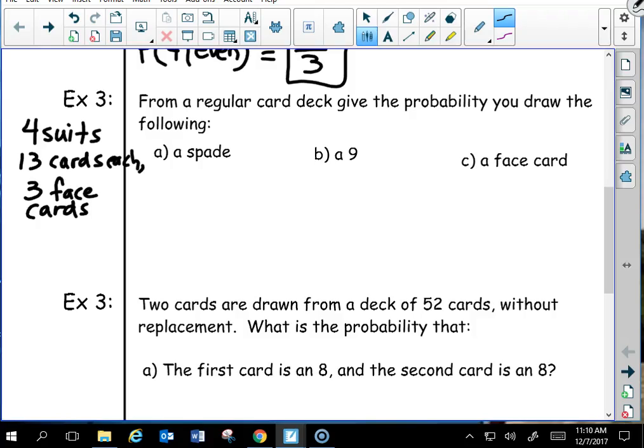Okay, so the probability of drawing a spade. Well, look, a spade is 1/4 of the deck. You could look at it as 13 divided by 52, but that's just 1/4. So there's 13 spades out of the 52 cards. Oh, by the way, there are 52 cards in a deck.